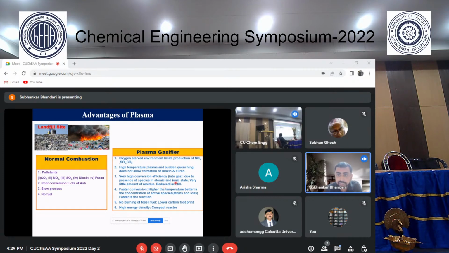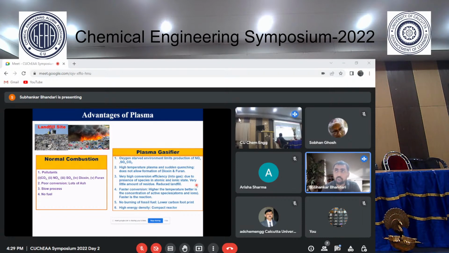And because of the high temperature and the presence of excited species, the conversion efficiency is quite attractive. Whereas conventional incineration and other thermal processing techniques provide conversion efficiency of the order of 10 to 30%, where bottom ash is found in the conventional technique of the order of 10 to 30%.